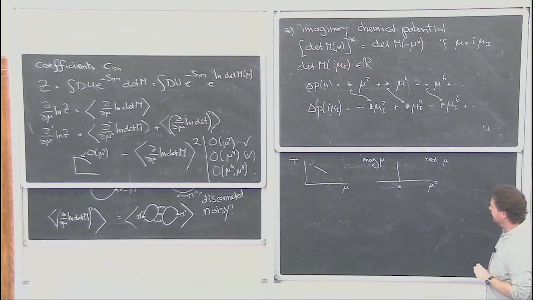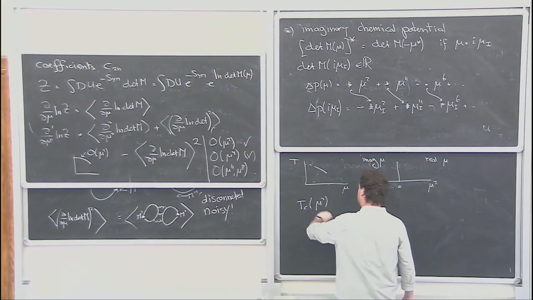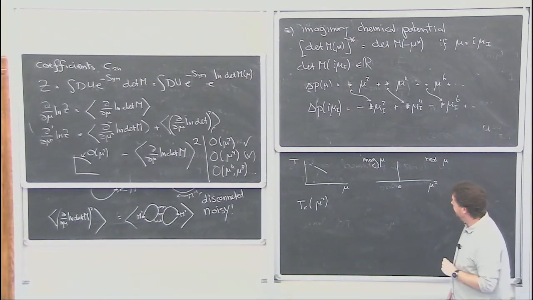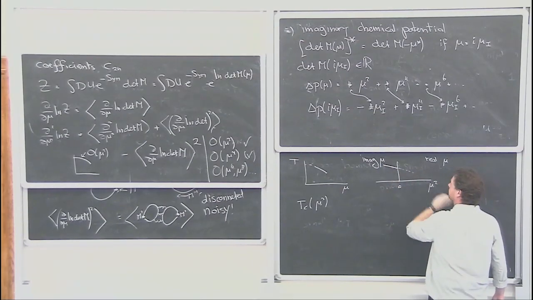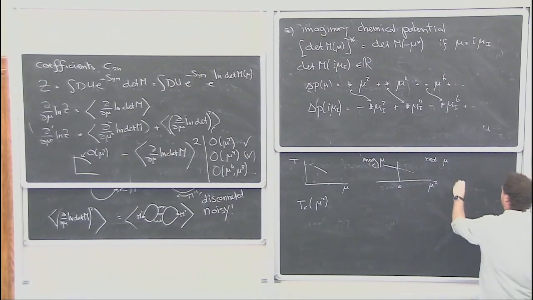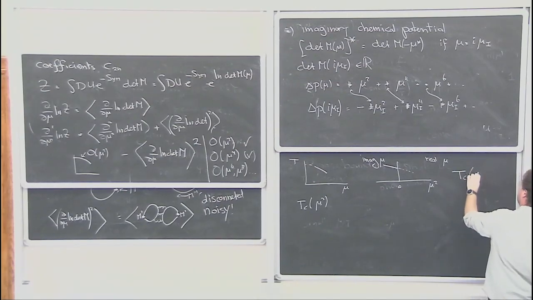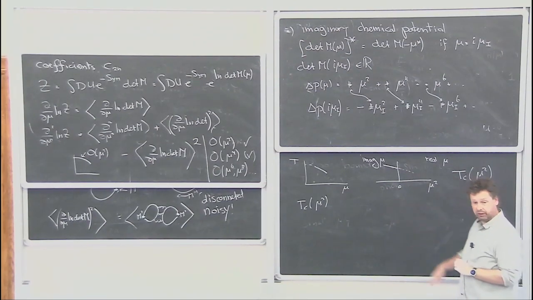If the phase boundary Tc is a function of mu squared, then this phase boundary will become a straight line at leading order in mu squared, like this. So we have Tc as a function of mu squared, where mu squared can be positive or negative, both are fine.